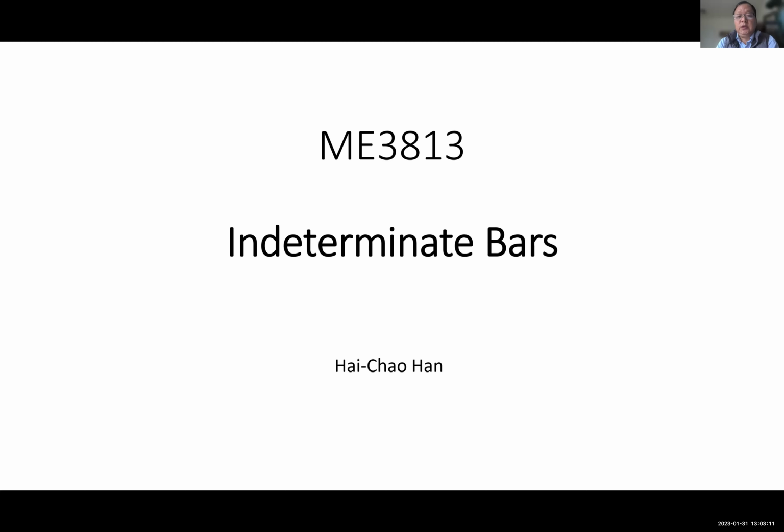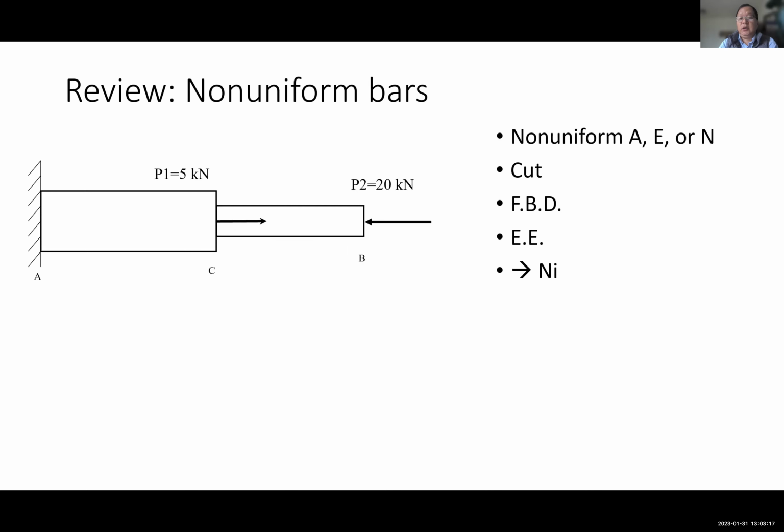We're going to talk about the indeterminate bars as mentioned last time. Last time we talked about the non-uniform bars. Just a quick review: if you have a bar with a changing area, changing material modulus, or changing internal force, then we say the bar is not uniform.